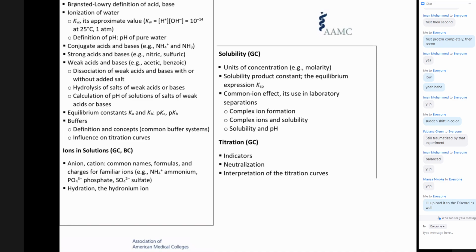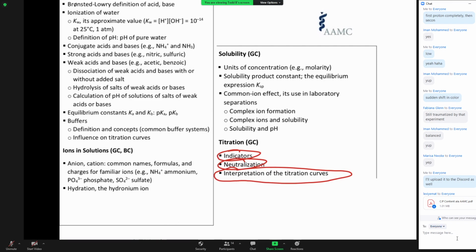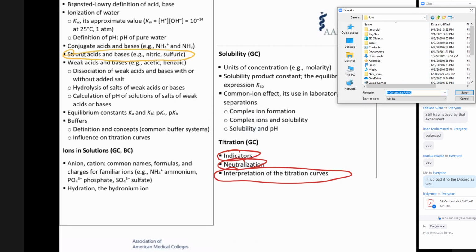I appreciate that. So the things that I'm interested in today are definitely indicators, neutralization, interpretation, titration curves, especially for amino acids. That's what they like to add. But other things that are also of critical importance: you actually have to know your strong acids, and what curves they're going to look like.